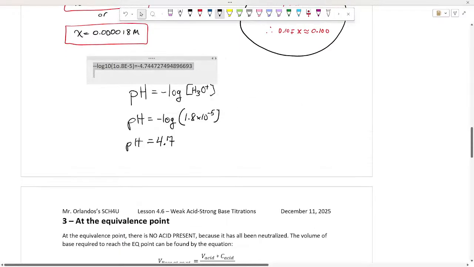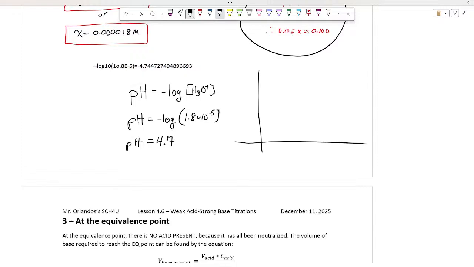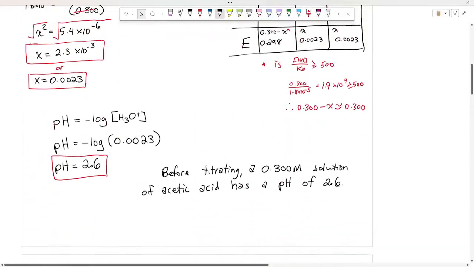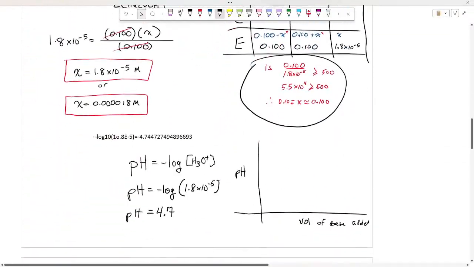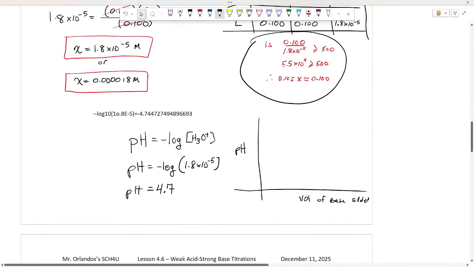Okay. If we wanted to take note right now, if we're looking at the pH over the volume of base added, so far, what did our pH start at? 2.6, right? At 2.6 was when we'd added no base at all, right?